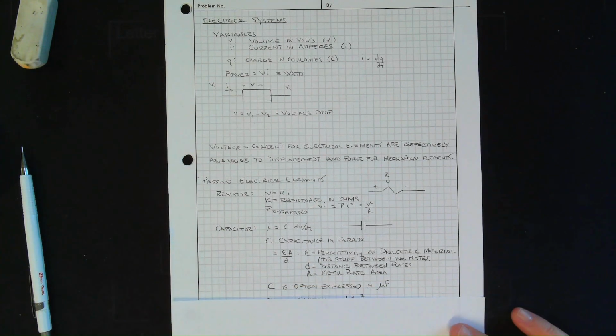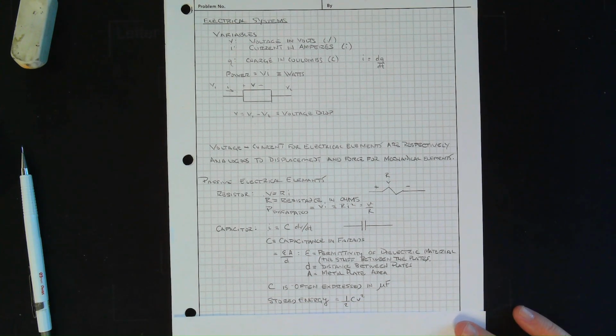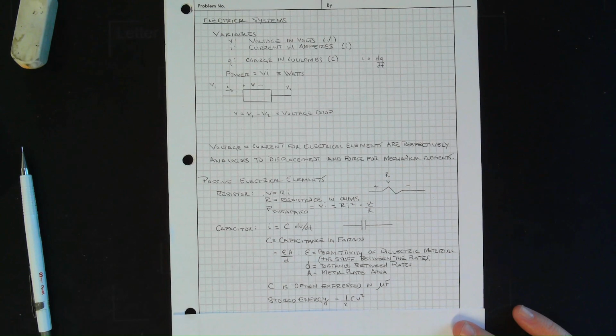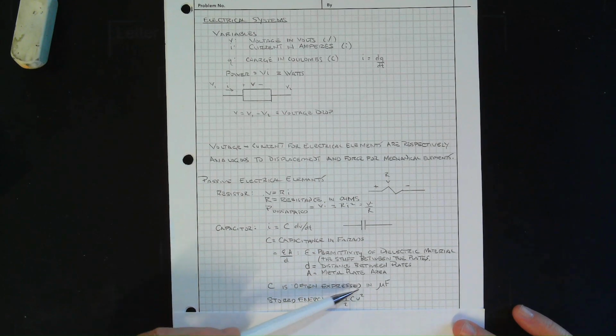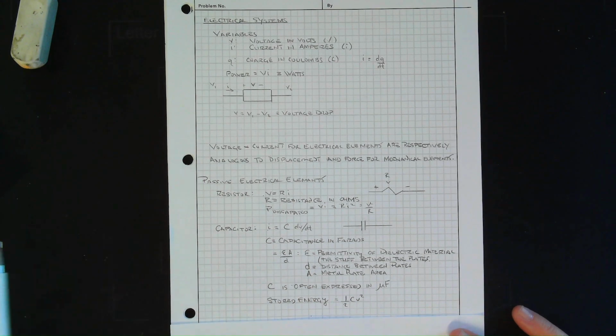All right, and as I just mentioned, C is often expressed in microfarads. So if you're looking at a typical circuit, if you're looking at a computer board and you have capacitors and stuff, they're probably down in that range. Capacitors store energy, and the energy stored is 1/2 CV squared.